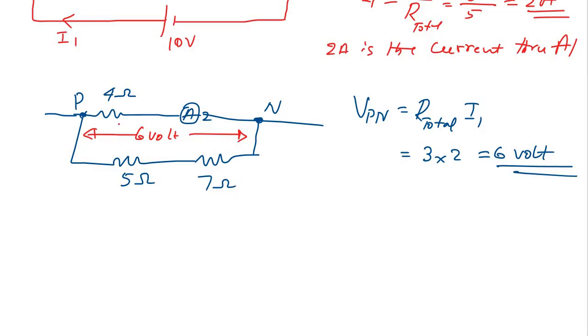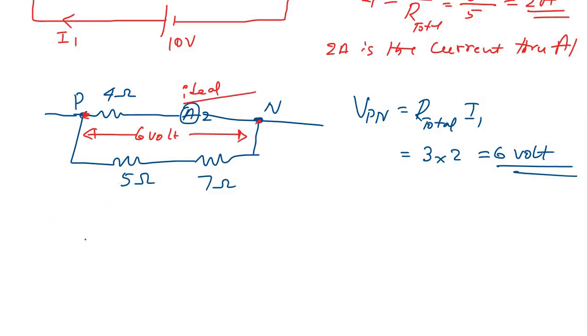So 6 volt is common for both, between the points P and N. Let us assume the ammeter is ideal, otherwise we won't get any standard answer because we have not been given any detail about the structure inside this ammeter.